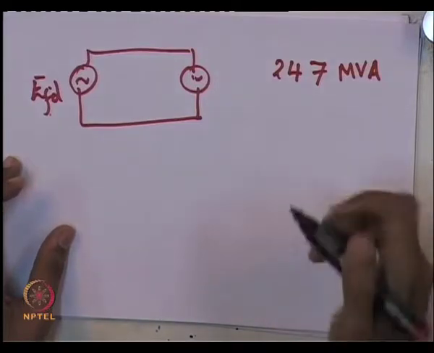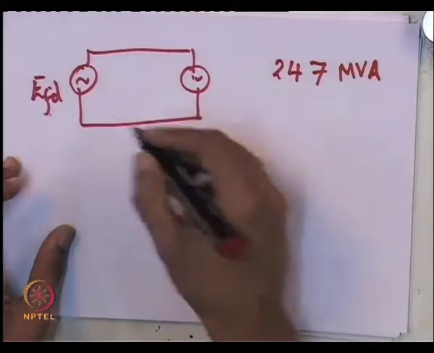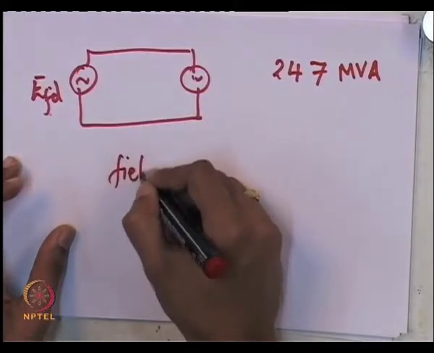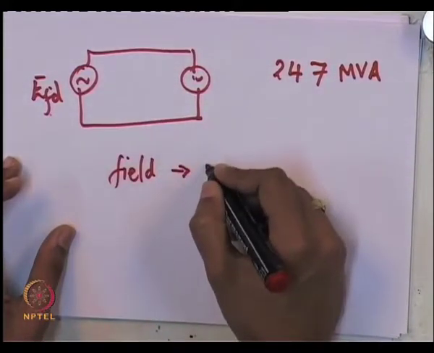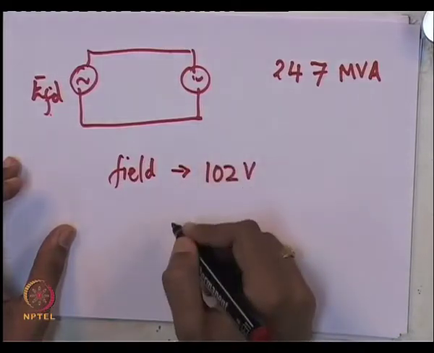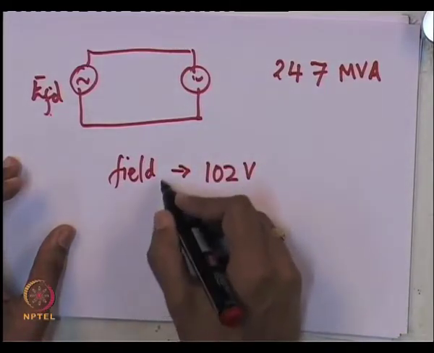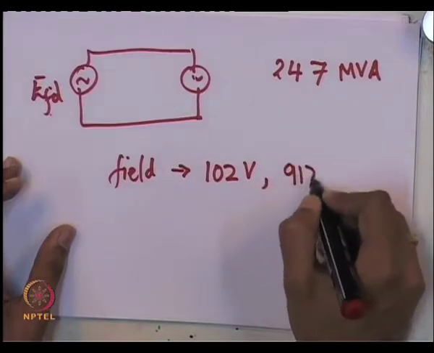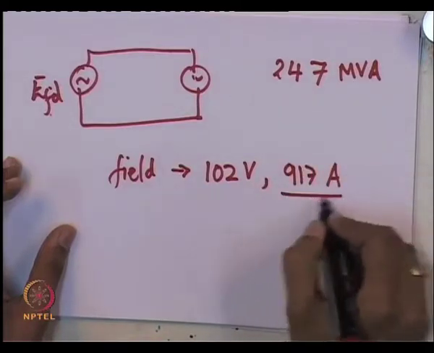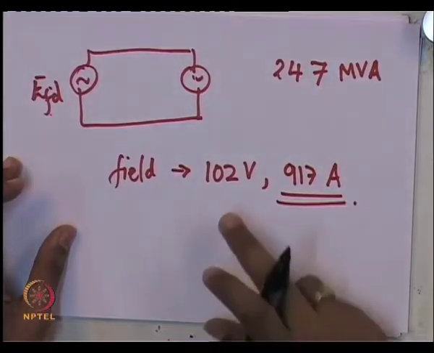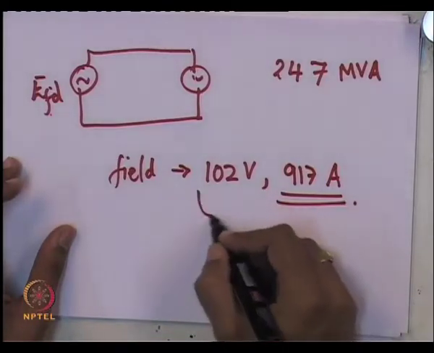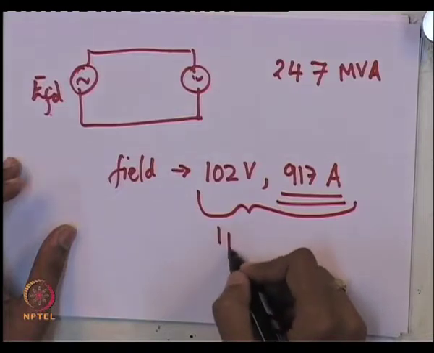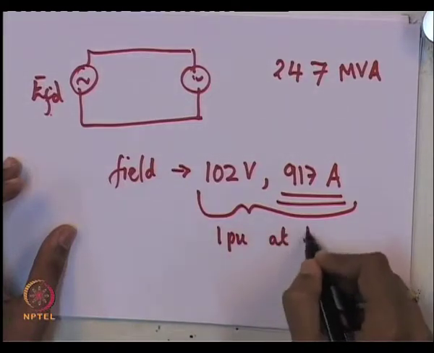You will find that the no load field voltage, the voltage applied at the field at no load, is roughly 102 volts, and the field current under open circuit conditions is this. This gives you 1 per unit at terminals.